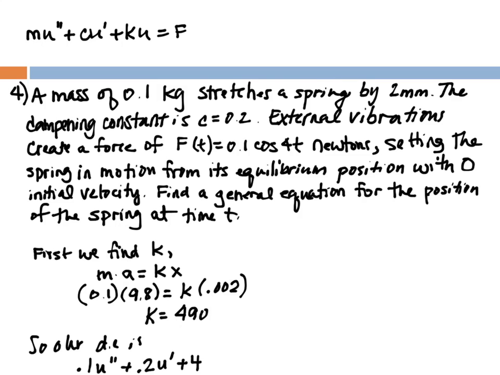We just found K is 490 U. Equals the force, which is 0.1 cosine 4t. Okay, is everybody good with that? I'm going to copy this to our next screen.